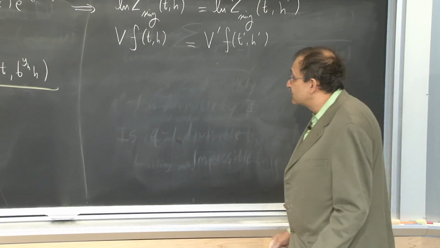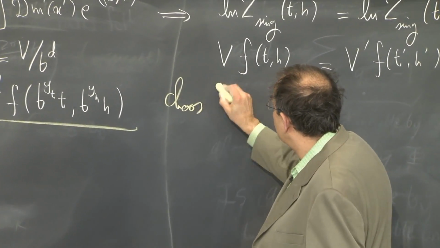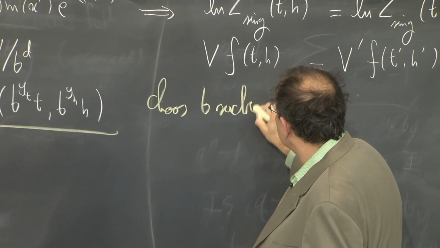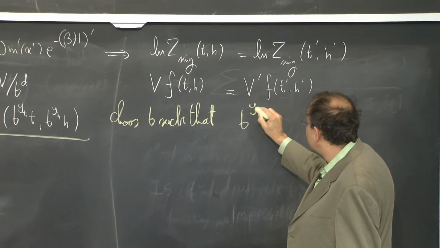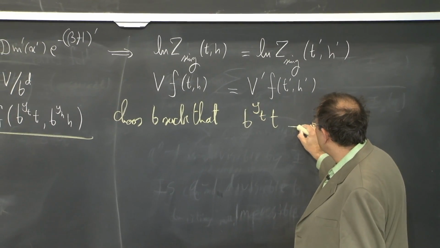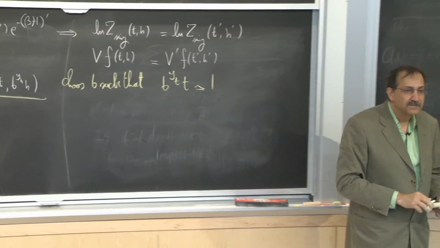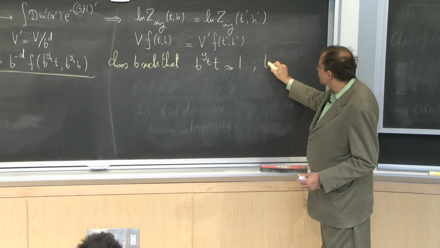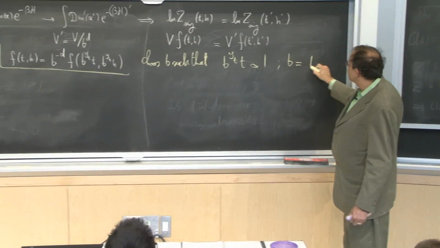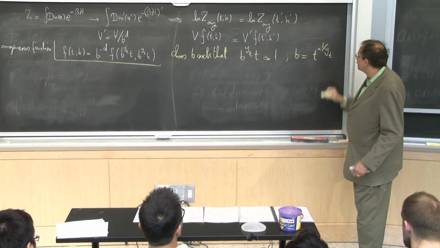Let me choose a rescaling factor such that b to the yt t is of the order of 1. Could be 1, could be pi, I don't care. Which means that I chose a factor of b that will scale with t as t to the minus 1 over yt.